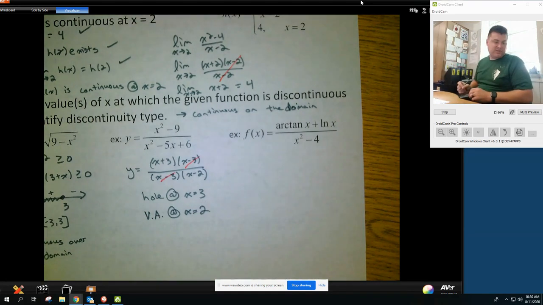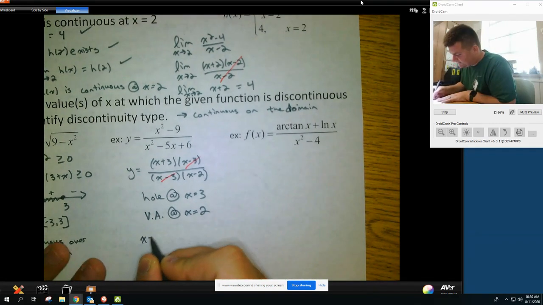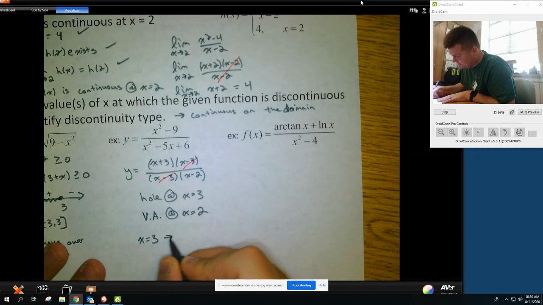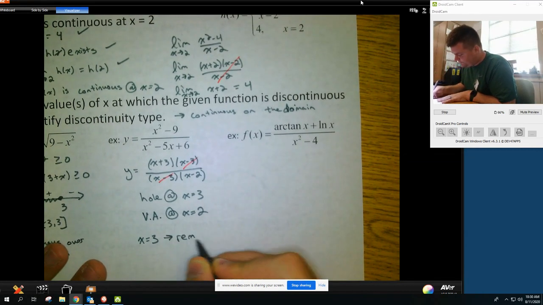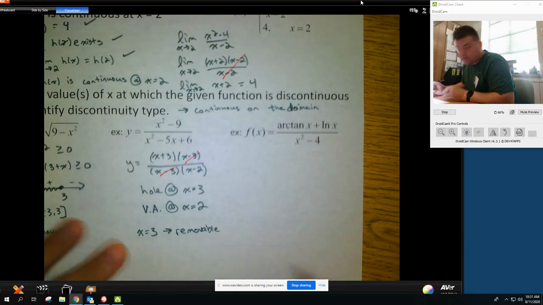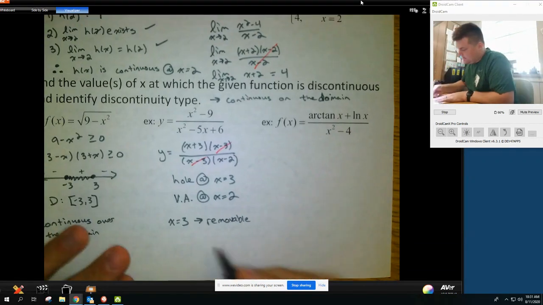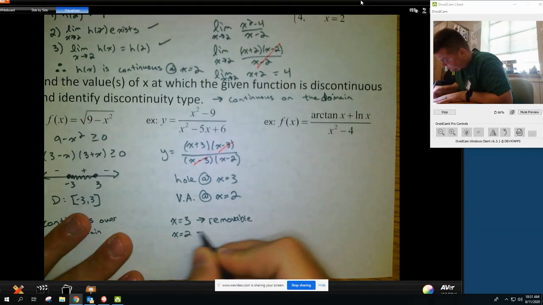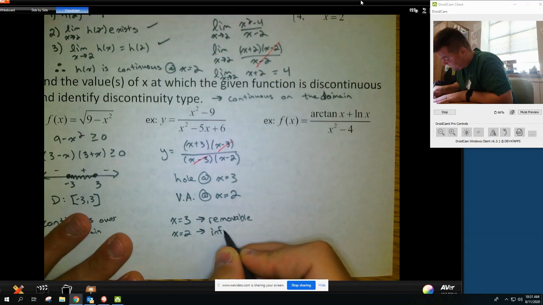So let's get very specific here. Where are my discontinuities? So at 3, you have a removable. I can't spell it. There's no E until the end. Removable. And then at 2, that is infinite.